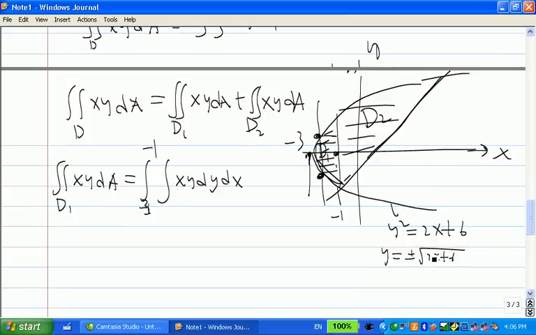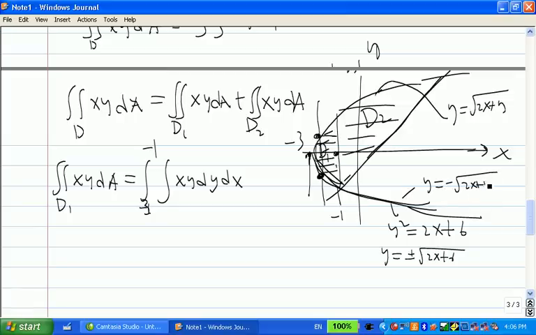If you take the positive sign, that gives you the top half, because y is positive there. For the bottom half, take y equal to negative square root of 2x plus 6. Therefore, your bottom curve is negative square root of 2x plus 6, and your top curve is positive square root of 2x plus 6.